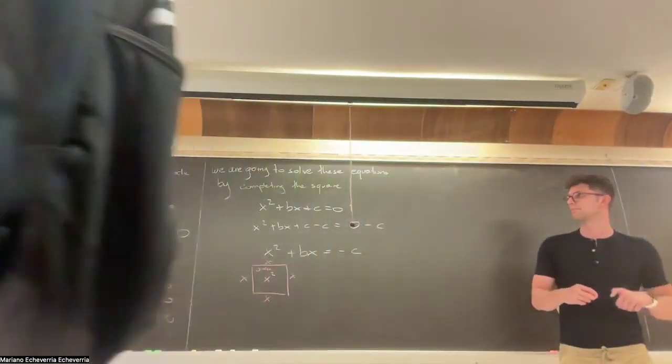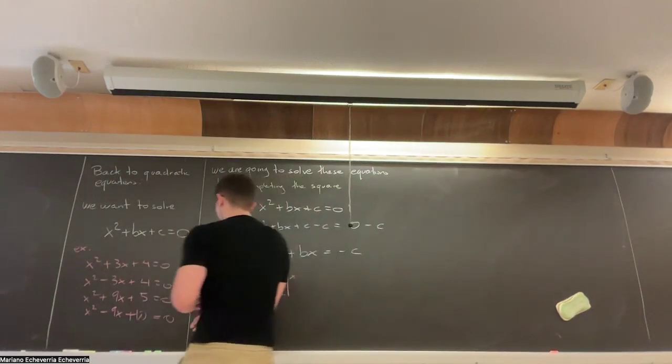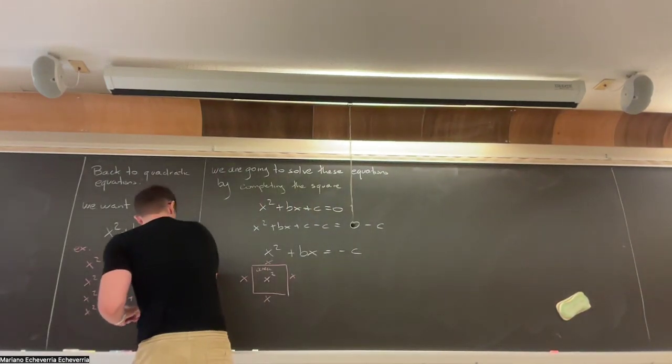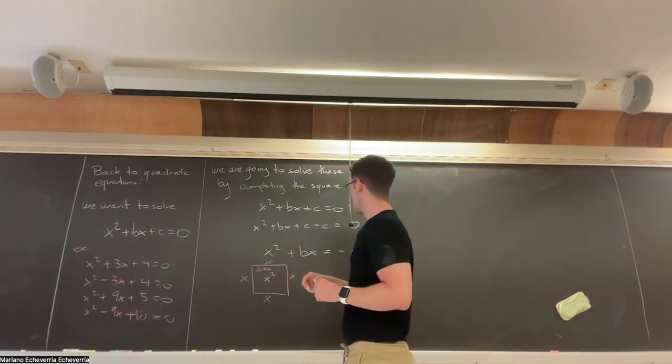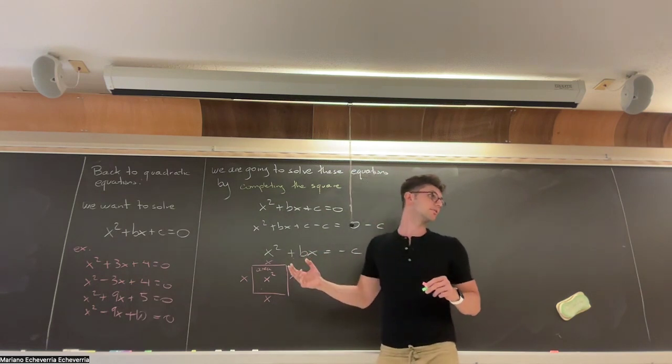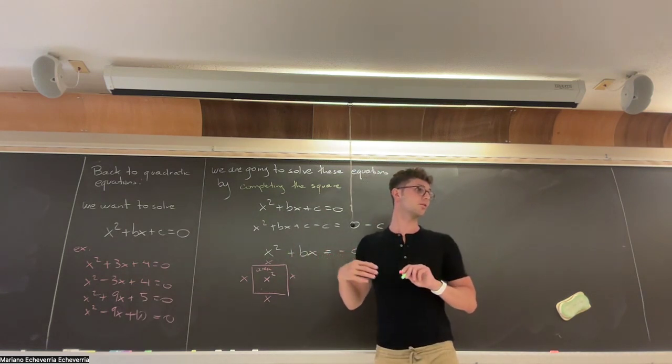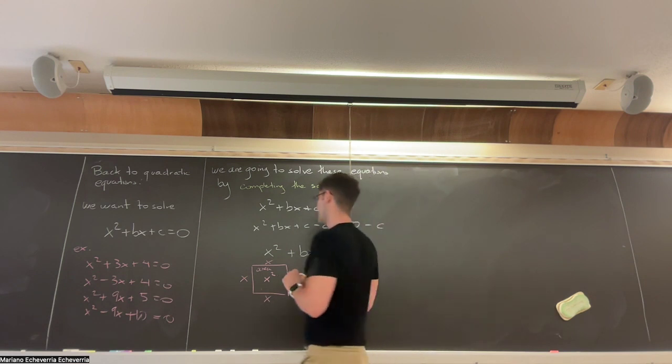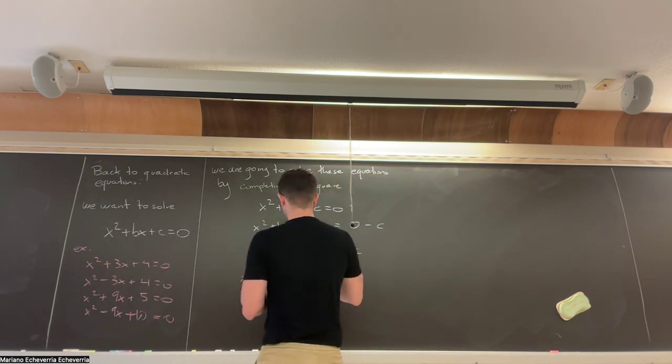And then how can I think about the other one, b times x? This is the product of two numbers, so I can think about it in terms of a rectangle where the sides are b and x.